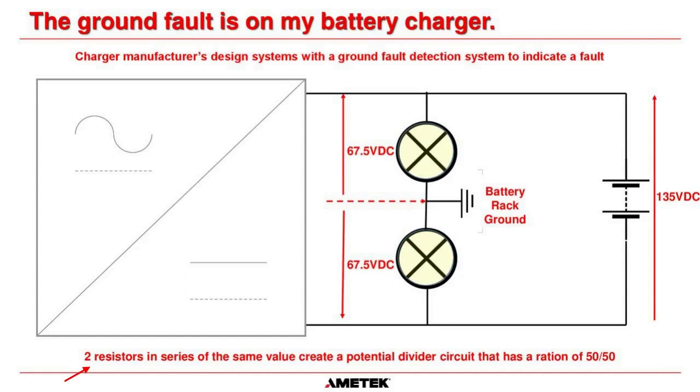So what that does is it ties an artificial reference to this ground point here through these lamps. And because they're in series, the voltage is split with a ratio of 50-50. That is why you get 67.5 volts from positive to ground, and you get 67.5 volts from negative to ground.